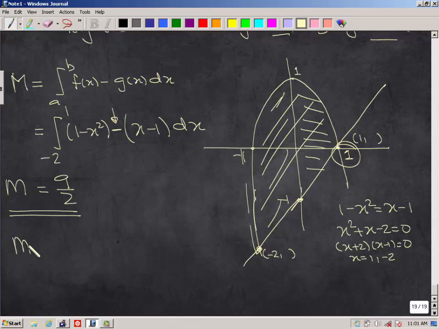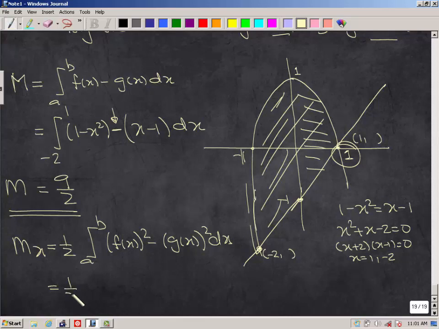M. The next thing we're going to do is find m sub x. What is m sub x? We had that handy dandy formula for that. It was 1/2 times the integral from a to b of f of x squared minus g of x squared dx. Once you set up one integral, everything is going to be the same. So we get negative 2 to 1. And then this is f of x, this is g of x. So you just square them.